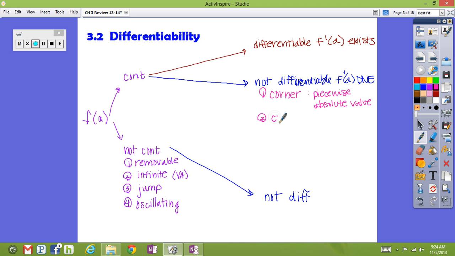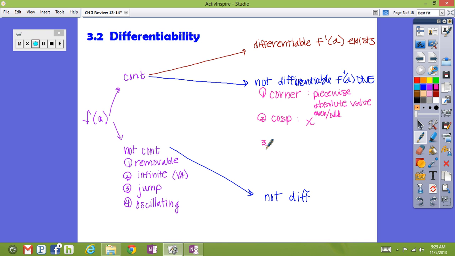Second is a cusp. A cusp happens very easily when the power of x is less than 1 but greater than 0, and the value is a fraction where the top numerator is even and the denominator is odd. So x to the 2/3.